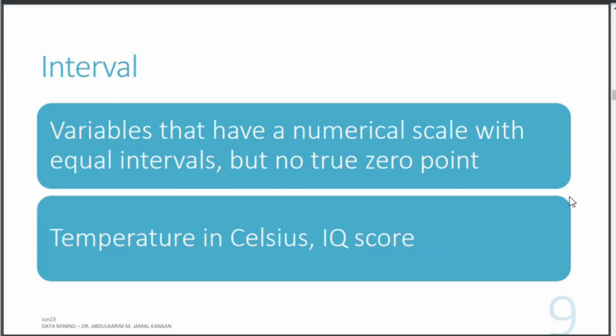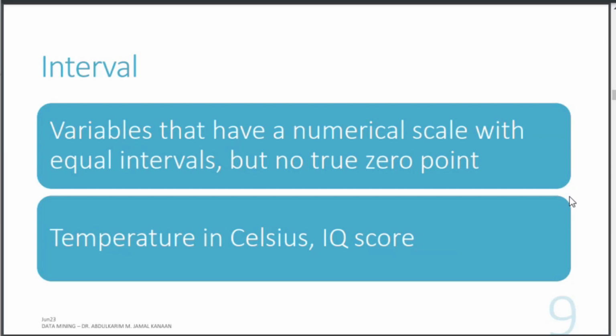No, they can still move. If you have true 0, that means everything is frozen. Nothing can move at all. The molecules will stop movement. But when you have 0 degrees, the molecules are still moving, right? Like if you are in some country where they have 0, you can still walk, right? Life still persists, still continues, okay?